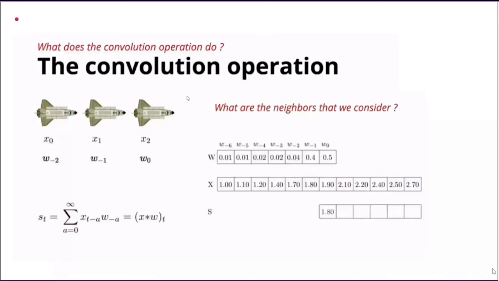If you look at this one-dimensional array, suppose you want to identify the first feature, then you need to ask yourself one question: what are the neighbors that we need to consider? And in this case, we are considering 7 neighbors.